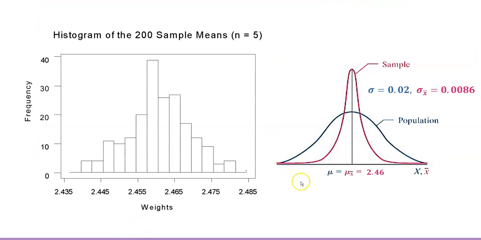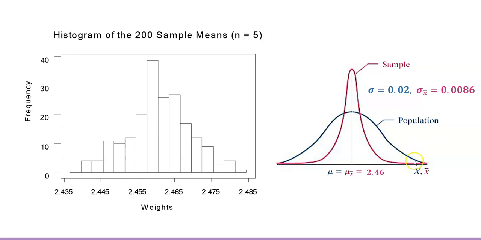The picture on the right-hand side illustrates what we just talked about. It illustrates that for a population, which is this blue line, the mean will be the same as the mean for the distribution of sample means. They're centered at the same value, 2.46. However, as we can see, the population distribution is much wider than the distribution of the sample means.